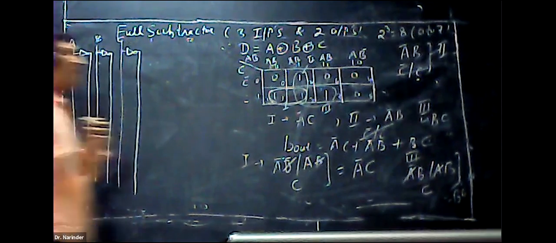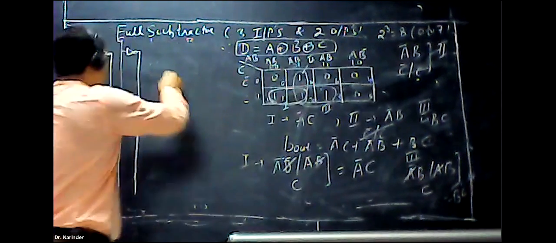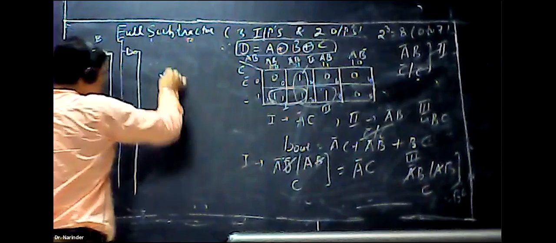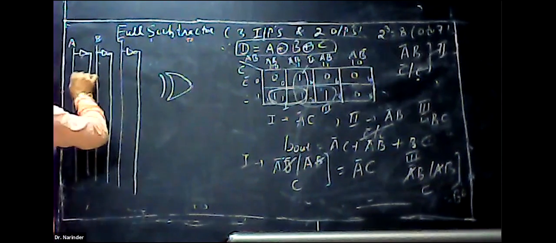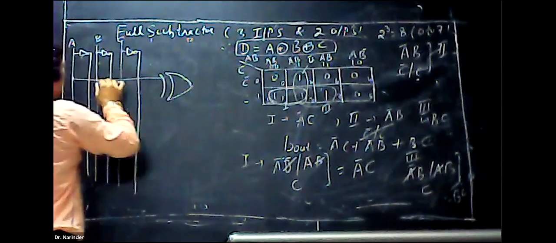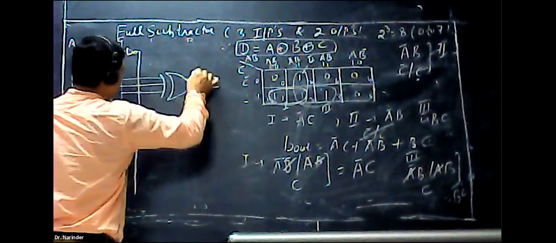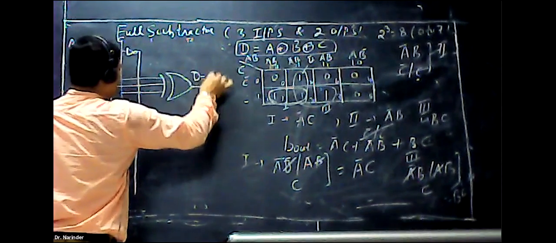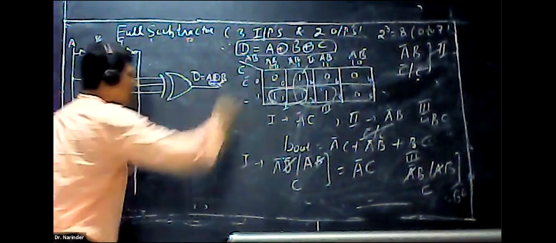What about the difference? Difference is A XOR B XOR C. Simple. You have to use the XOR gate. Even a 3-input XOR gate can be used, with inputs A, B, C. So your difference is A XOR B XOR C.